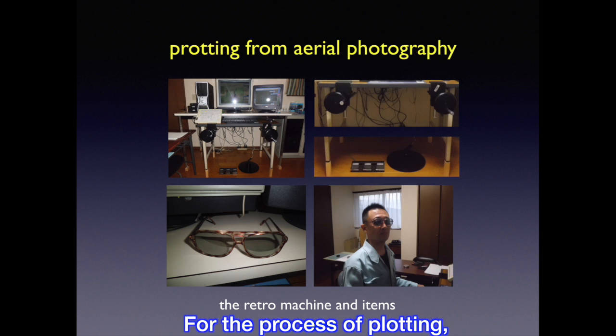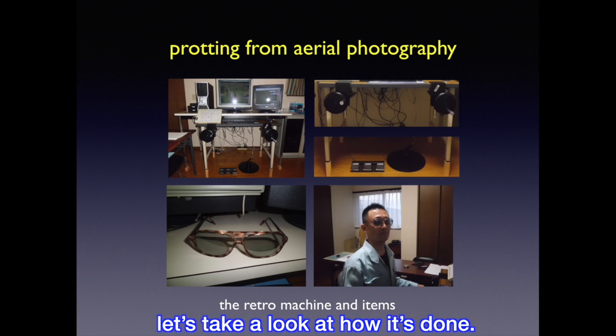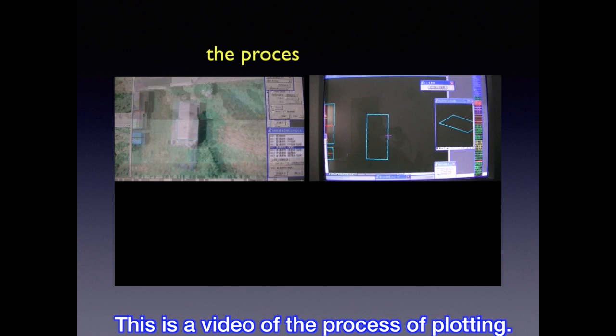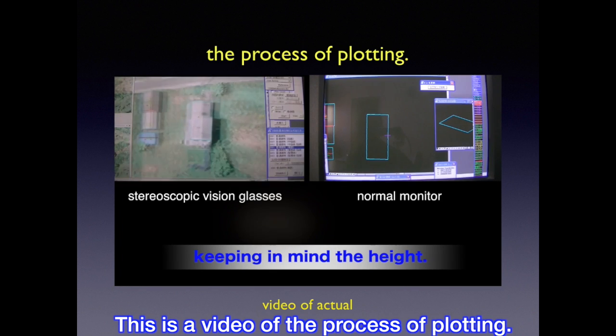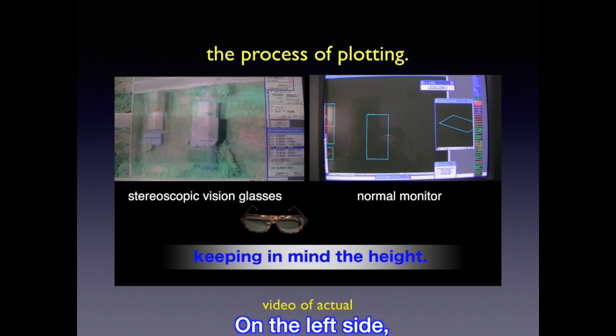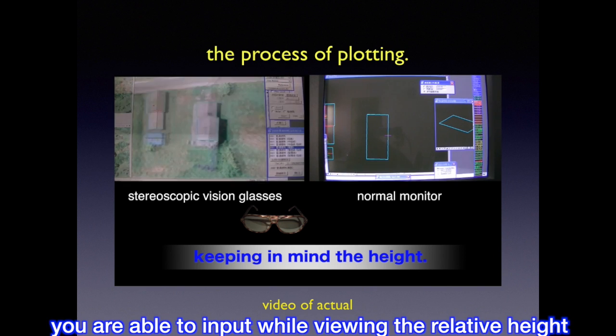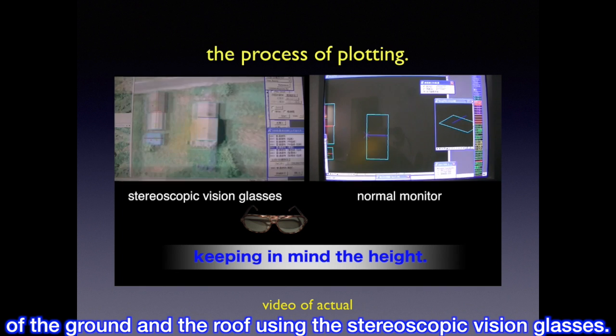For the process of plotting, let's take a look at how it's done. This is a video of the process of plotting. On the left side, you are able to input while viewing the relative height of the ground and the roof using the stereoscopic vision glasses.